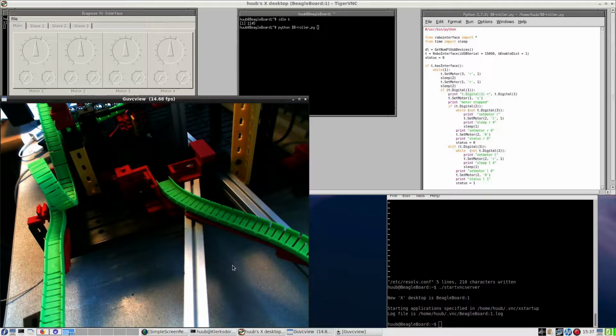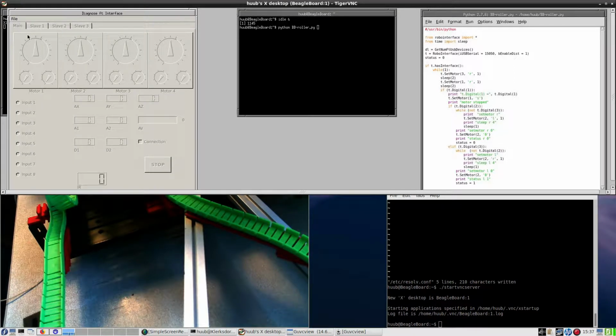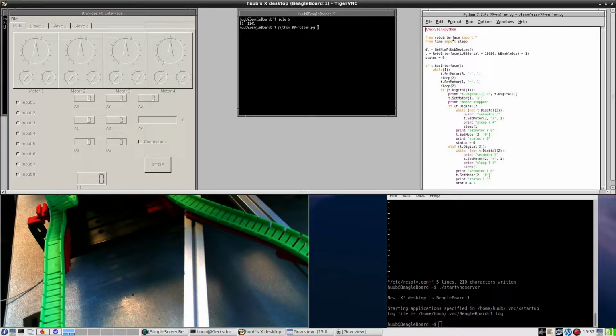And then the software side, the diagnosis interface. I didn't write it, by the way, but it is part of the robo interface software that is written for the robo interface that I showed you earlier.